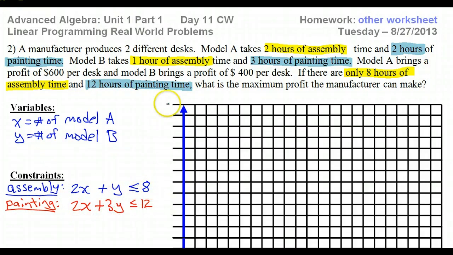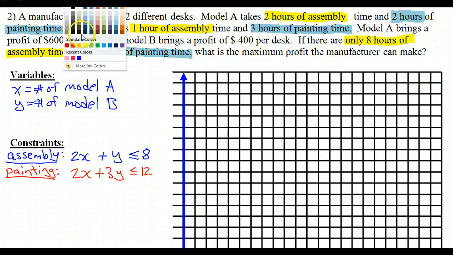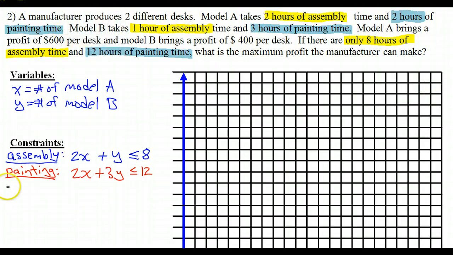So that's my painting constraint. Don't forget your reality constraint. We cannot have negative desks, so x has to be greater than or equal to 0, and y has to be greater than or equal to 0.